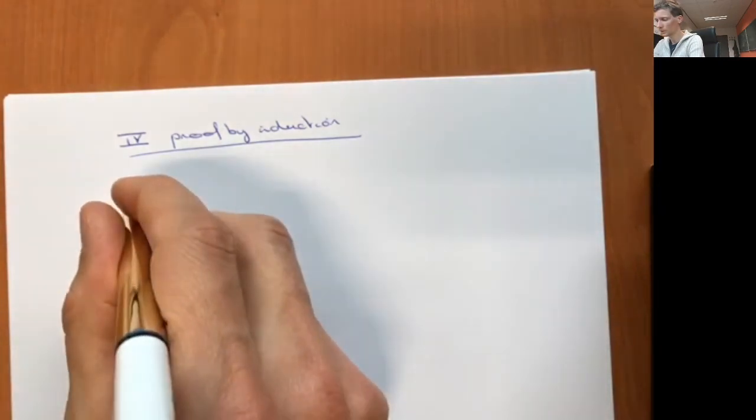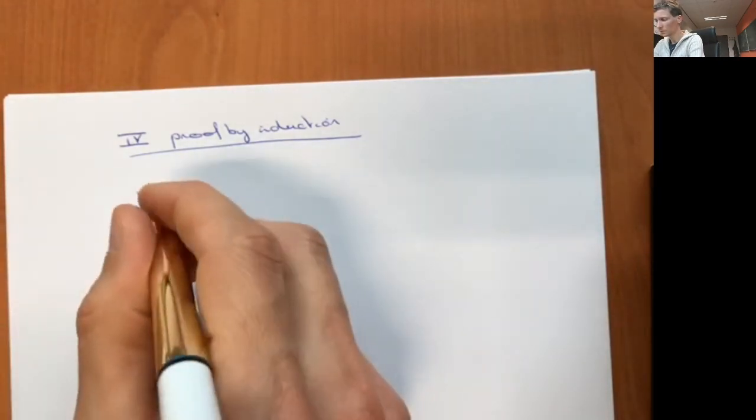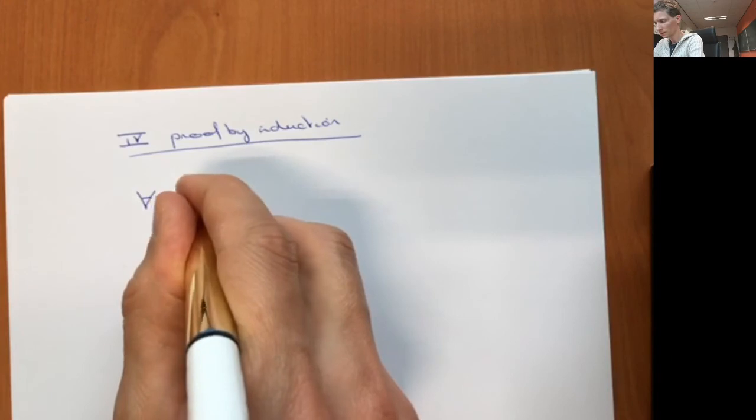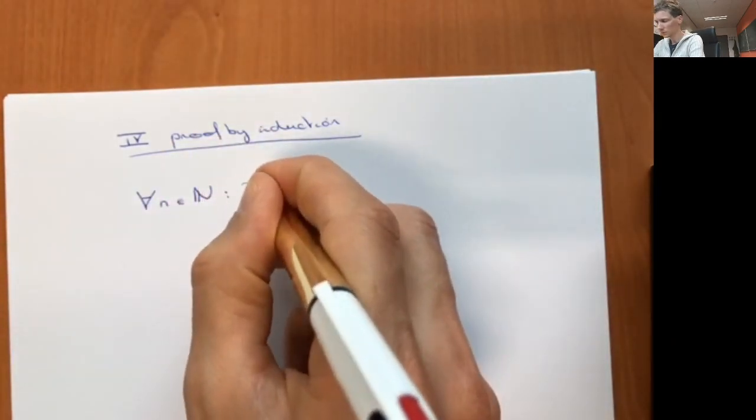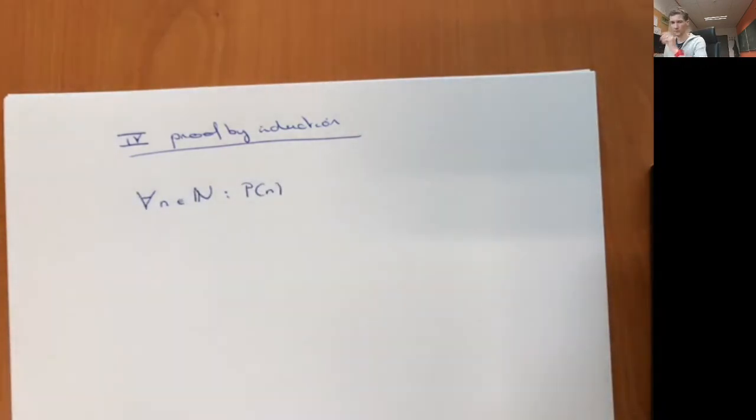So when do you use the proof by induction? You use the proof by induction if the thing you want to prove starts in the following way. You have that for all n natural numbers n, and then a formula that may depend on this n.